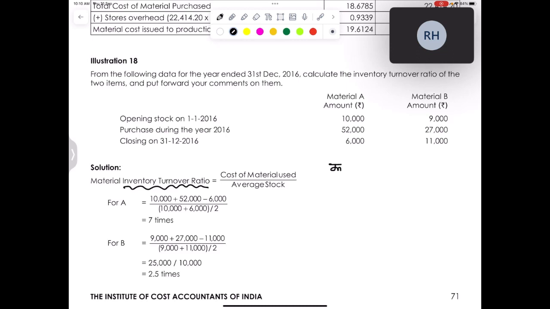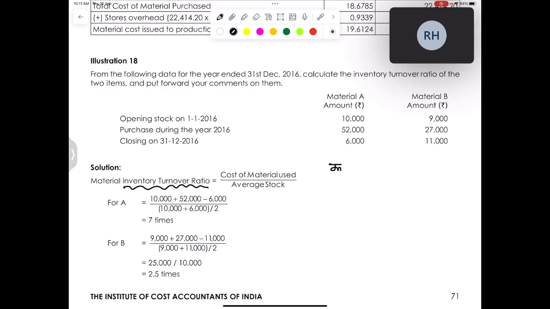It means the raw material you consume during a particular period divided by the average stock. The formula is very simple, nothing special in that. The most important point is what interpretation you will derive from inventory turnover ratio.